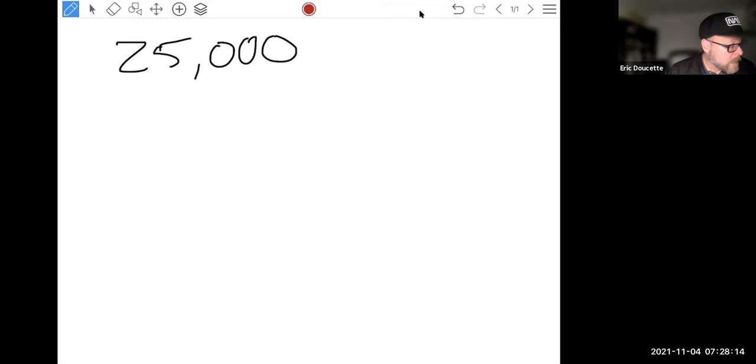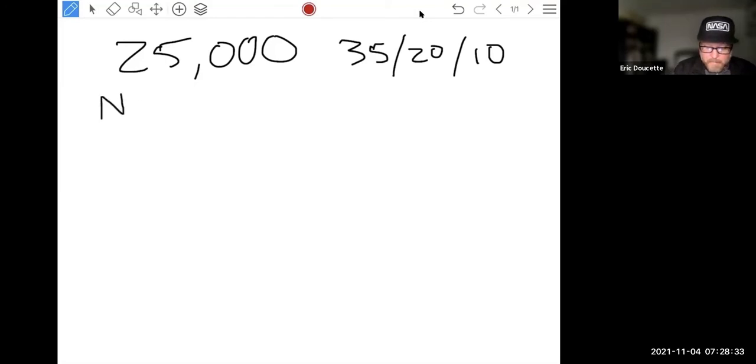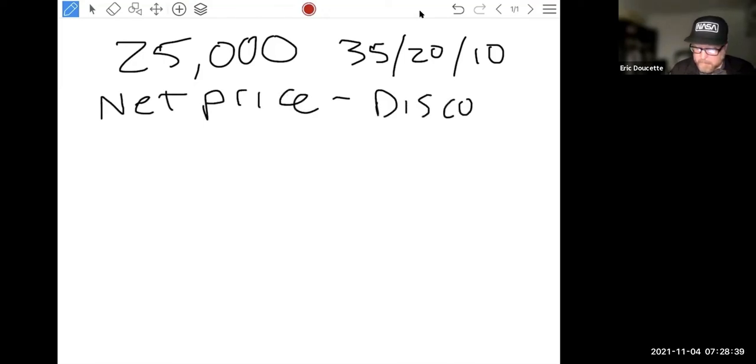Northwestern, in turn, gives the Bookworm a series of trade discounts amounting to 35/20/10. What they're asking you is to calculate the net price of the order and the amount of the trade discount, the total discount amount for the order.